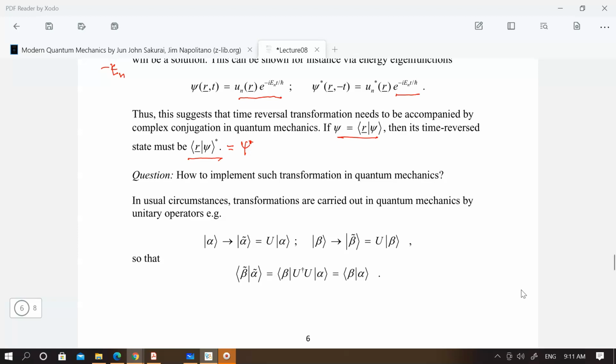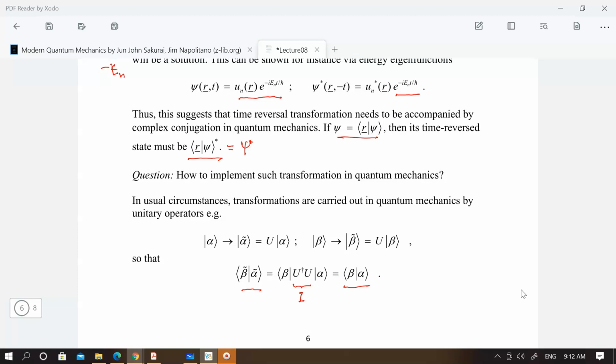And then what happens if I do an inner product between the two, I get beta tilde alpha tilde here, and this will give the same value as beta alpha, because this gives you the identity. Okay, so that is well and good and understood.